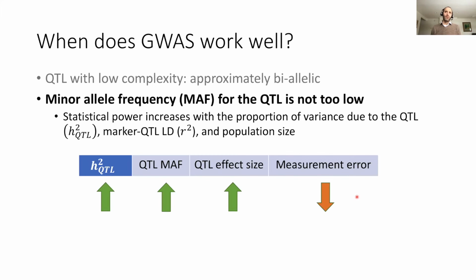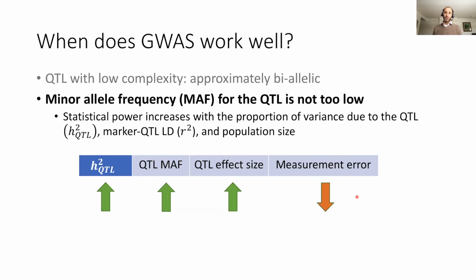Second point, this reinforces some of what Chris said at the beginning about, okay, what is the determinant of statistical power in a QTL analysis? The heritability due to the QTL, or the proportion of variance, is certainly one important thing. The LD between the marker and the QTL and the population size. And if you look at what affects the heritability of the QTL, one of the main drivers is the allele frequency at the QTL.